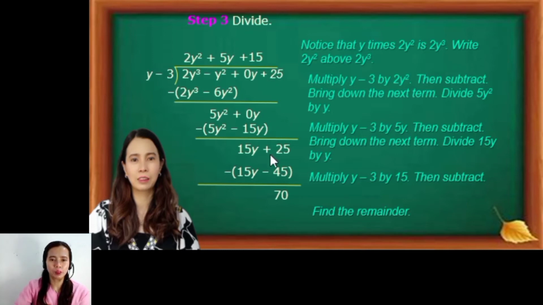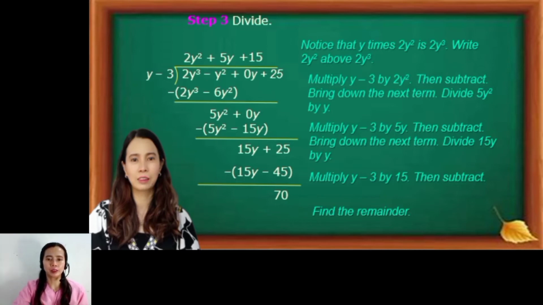Then, bring down positive 25. Again, 15y, i-divide natin sa y. Makakancel ang y. So, we have positive 15. Repeat the process. Multiply it to your divisor. So, we have 15y minus 45. Change the sign. Then, add. Unlike sign, subtract. Like sign, add.